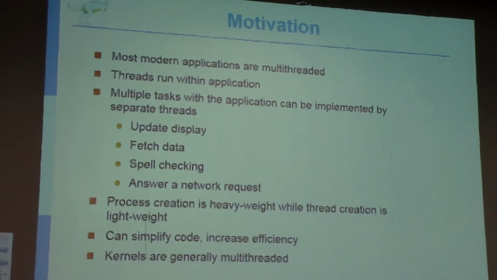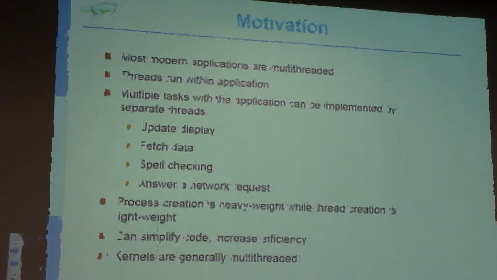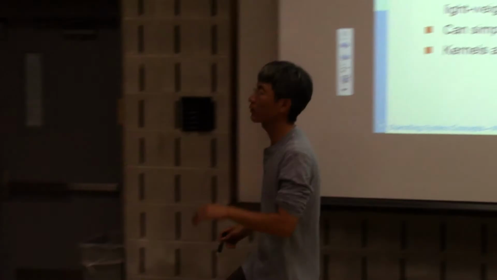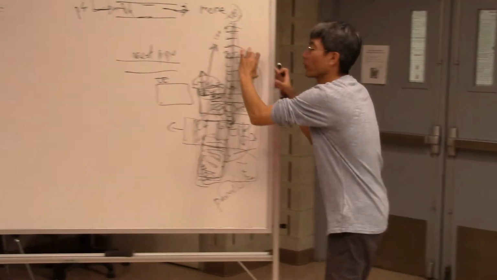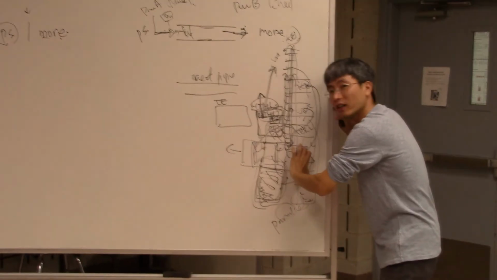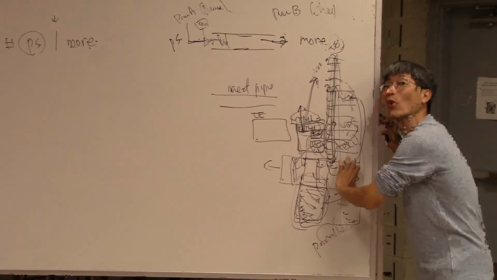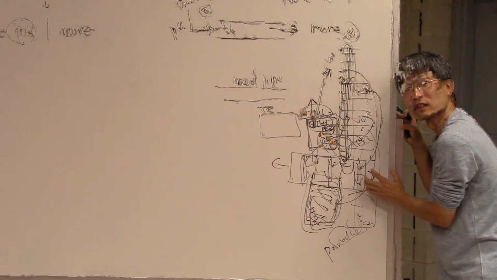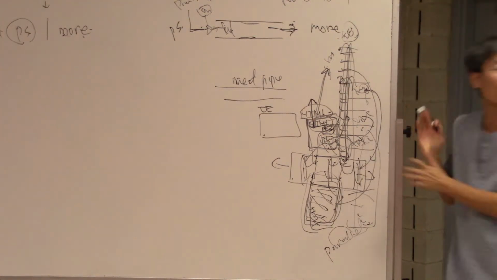The idea is a thread looks like a process, but it's not a process. It's inside the process, the application. Within an application, we can create different parts, a series of instructions. But only for this part, we create a kind of small program within one process. That is called a thread.